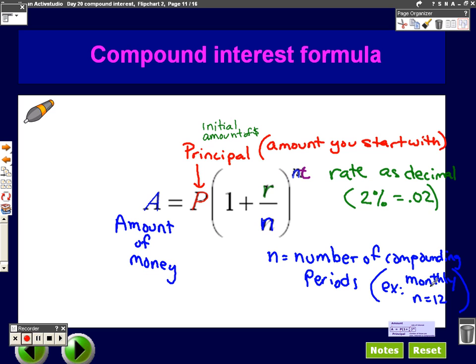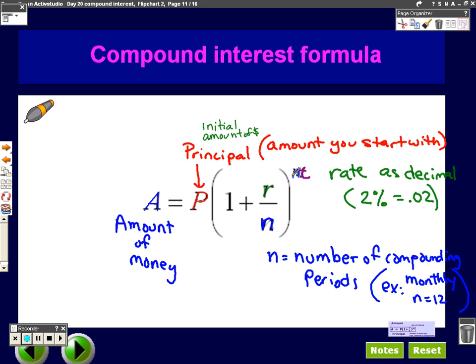Say I put some money in the bank, and they compound it. They give me interest based on how long it's been in the bank and what the rate is. So they pay me the interest. And then for the next period, I'm getting interest not only on my money, but on the interest that they paid me, and it compounds on itself, which is why it's called compounding interest.